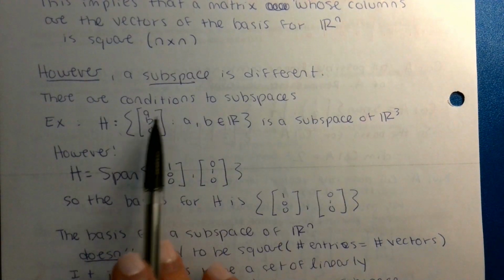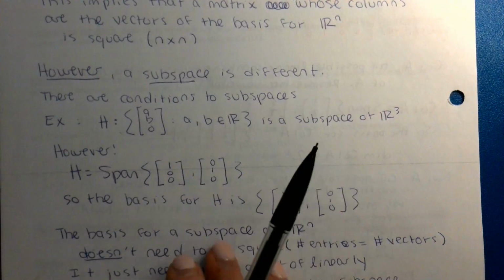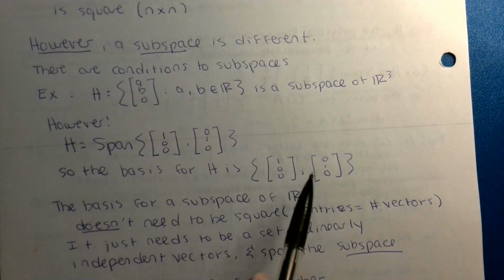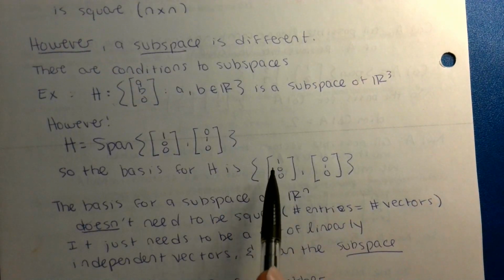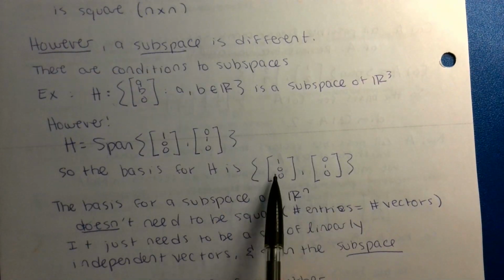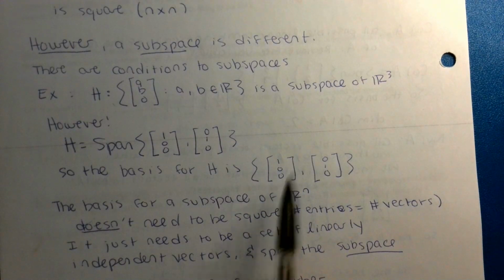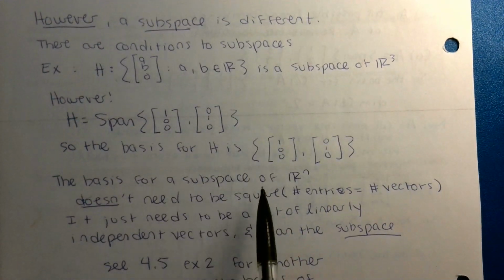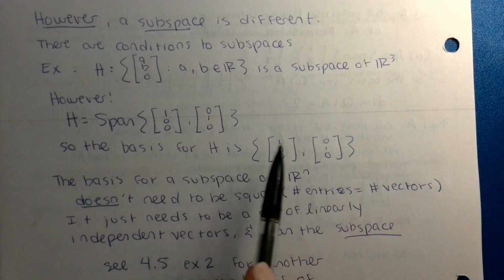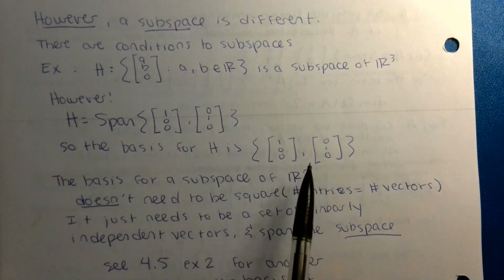Because I only needed the first 2 entries. So the basis for H is only 2 vectors, even though each vector in the basis has 3 entries, 3 dimensions. So the basis for a subspace does not need to have equal entries and vectors.